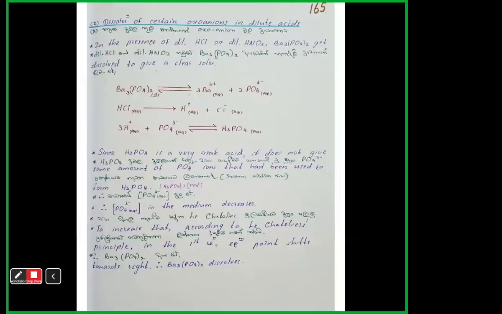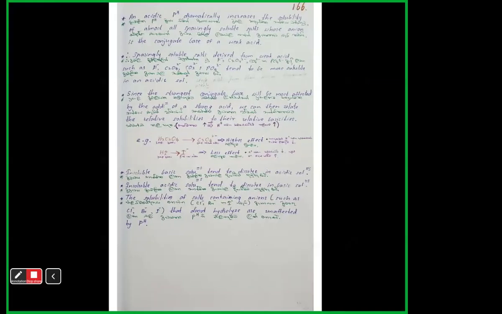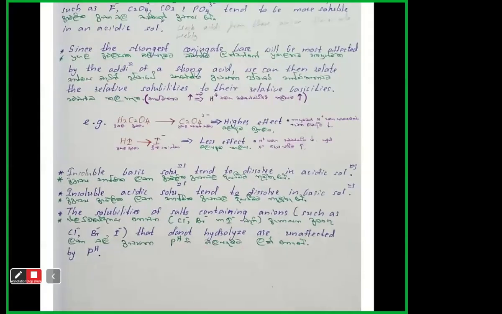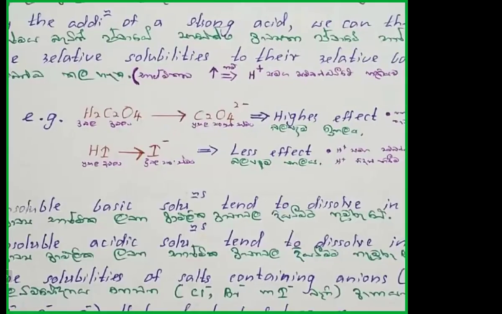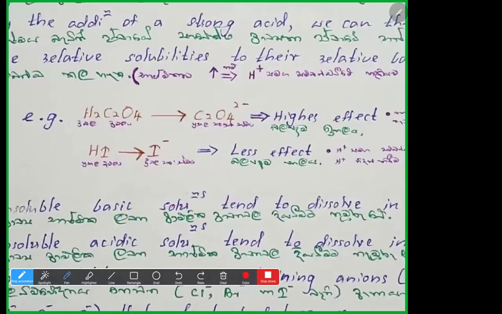So two different conditions. When the conjugate base is stronger, the acid is weaker. When the conjugate base is weaker, the acid is stronger. Clear that? Because see, HI is strong, I- is weak. I- weak means this is acting as the conjugate base.